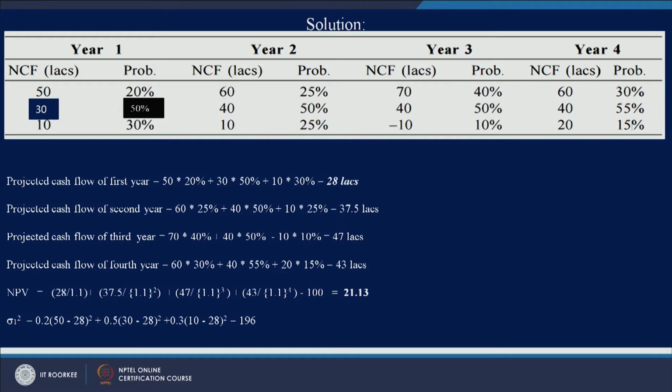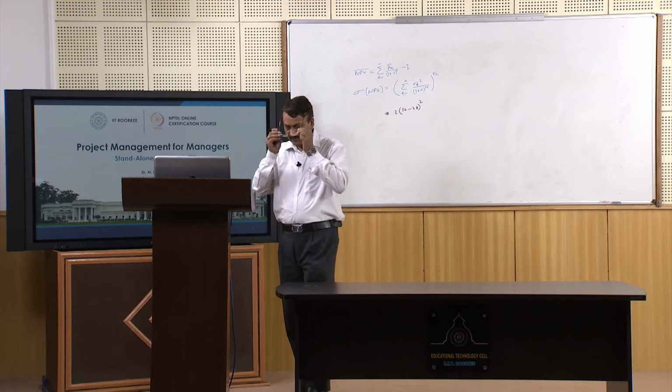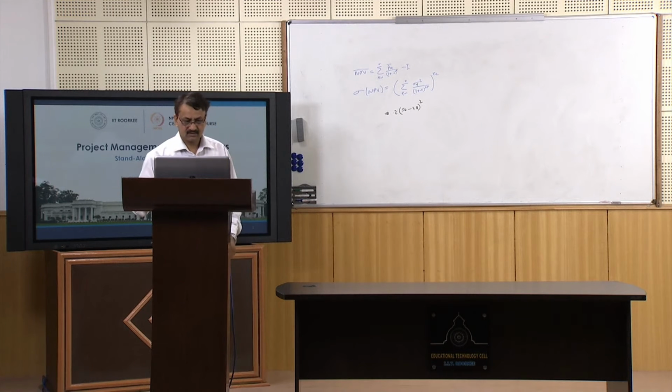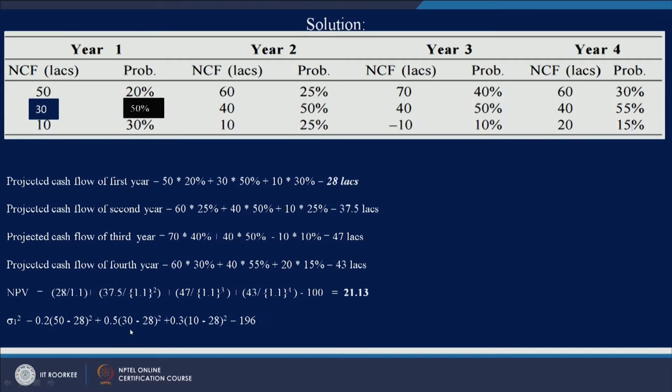Then 0.5, just see this here, it was 0.5 into (30 minus 28), whole square, right. So, the third one would be 0.3 into (10 minus 28), right.